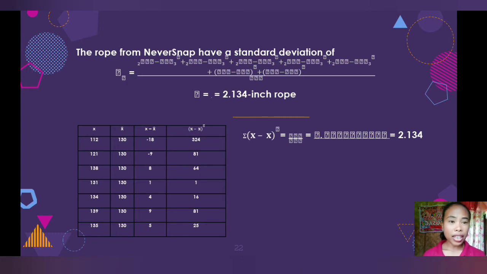So 592 divided by 130 is equal to 4.5538461538. After that, we have to take the square root to get the 2.134 inch roof, the standard deviation of the Never Snap company.